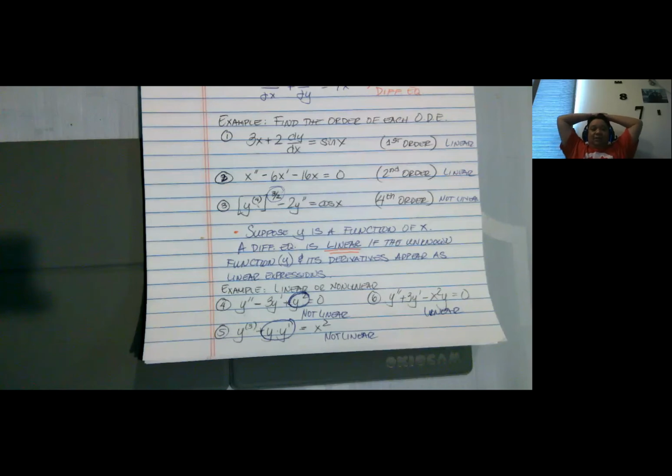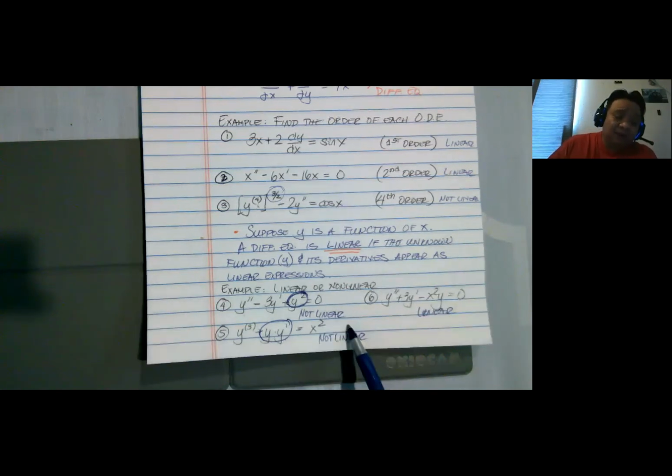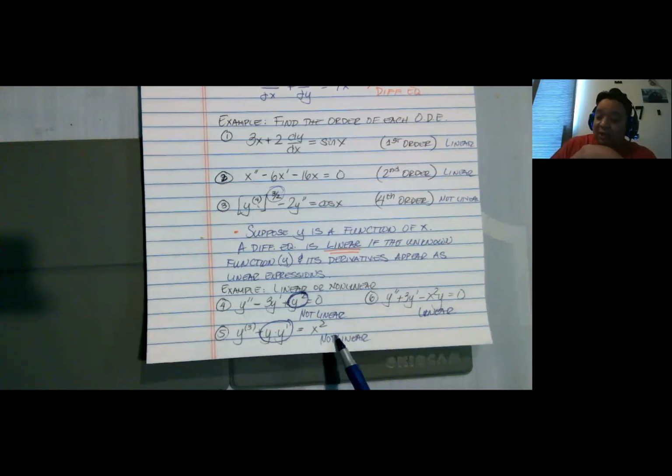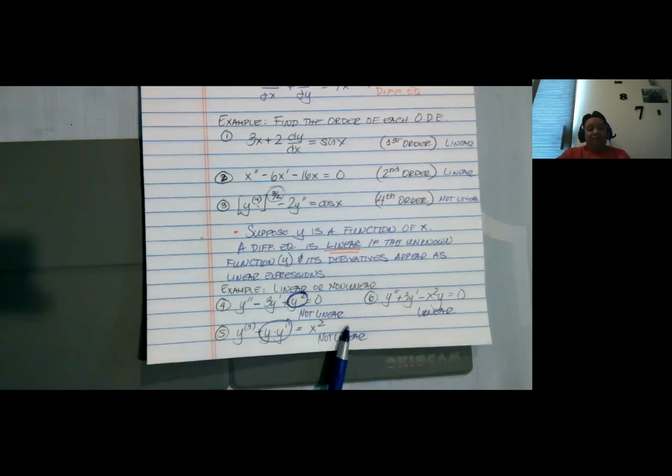Any questions on linear, non-linear, order differential equations? Now, this part becomes a little bit important, at least on the first section that we're going to do, which is the first couple of chapters, so chapters 1 and 2. Because when we start solving differential equations, at least first order, we're going to have a different method if it's linear.